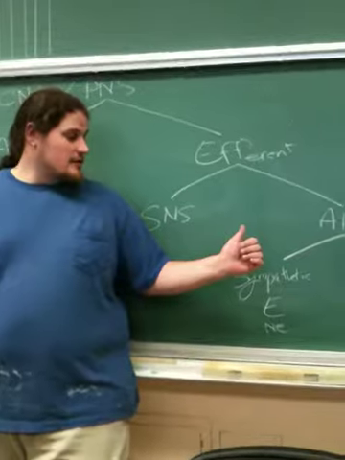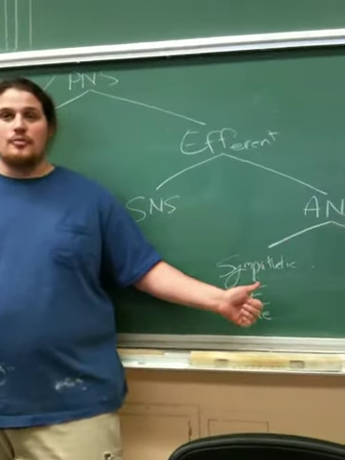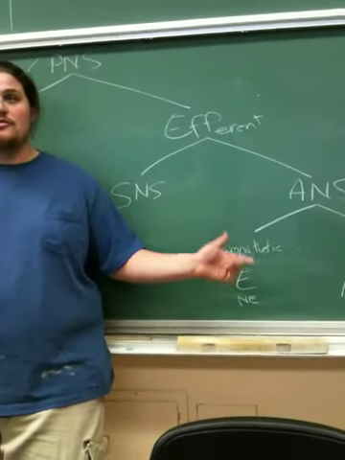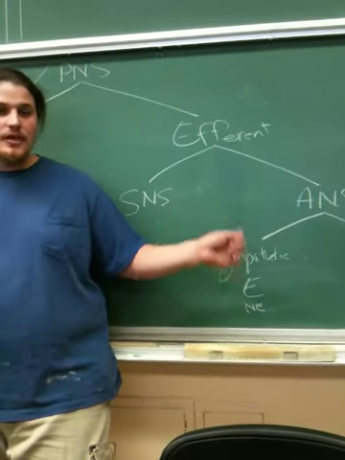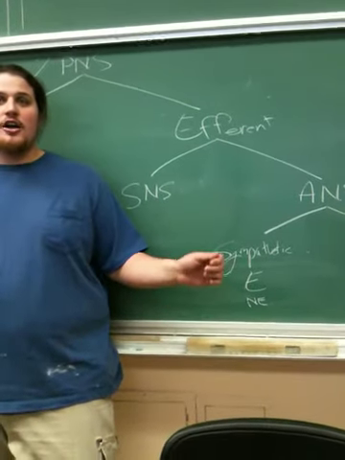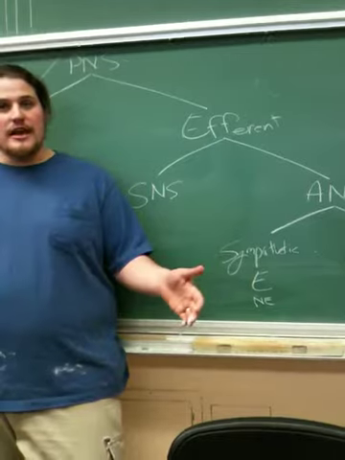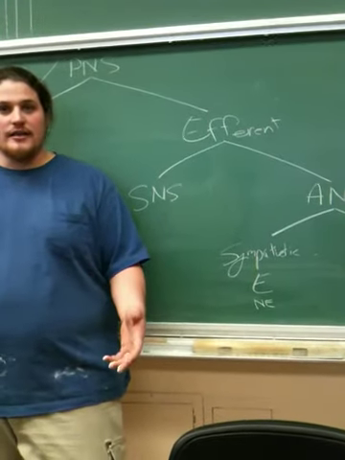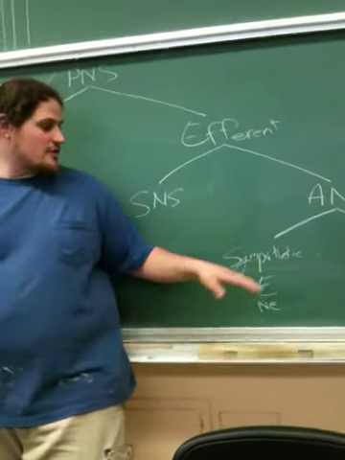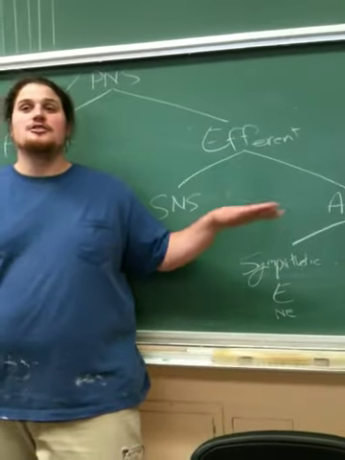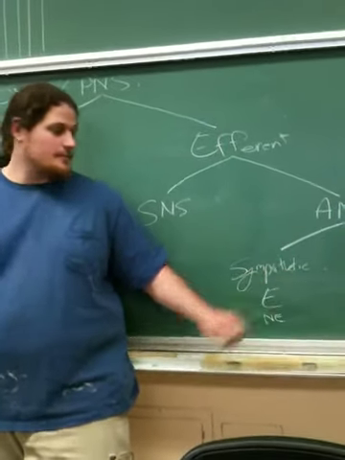Therefore, for the visceral organs of the abdominopelvic and for the adrenal medulla stimulation, those sympathetic neurons are going to have long preganglionic and short postganglionic. So they're an exception to the norm that sympathetic has short pre, long post.